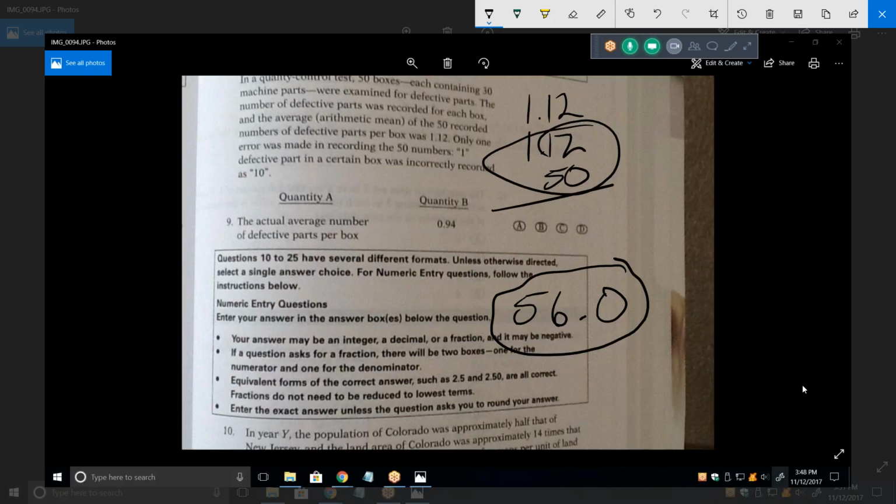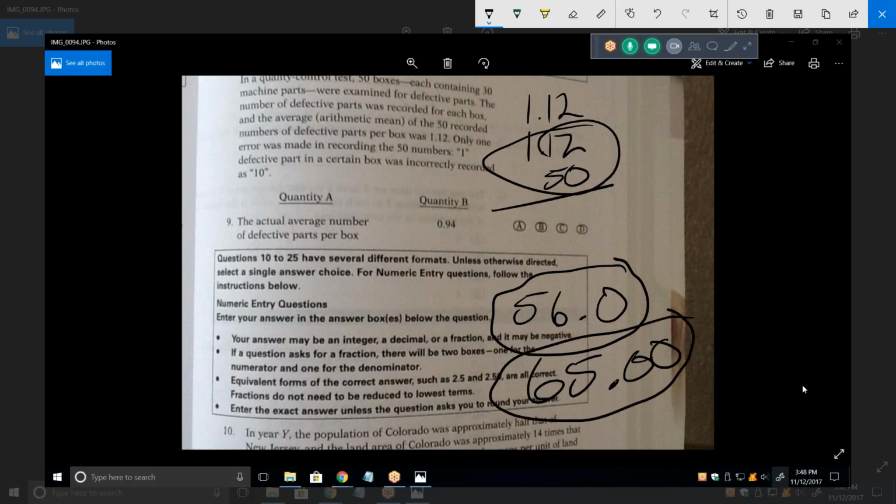But what they're saying is that one of the boxes, which had one defective part, was incorrectly recorded as 10. Therefore, my total is 9 more than this. So here's the situation.